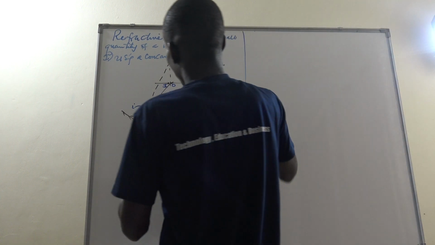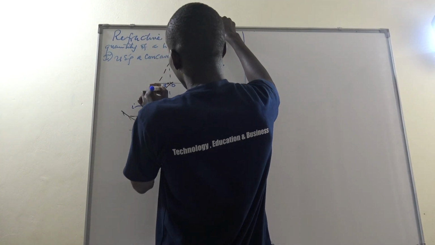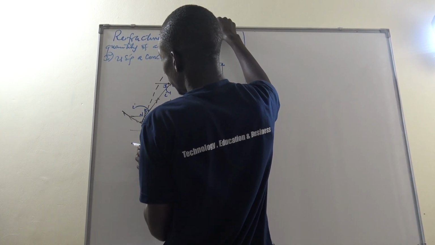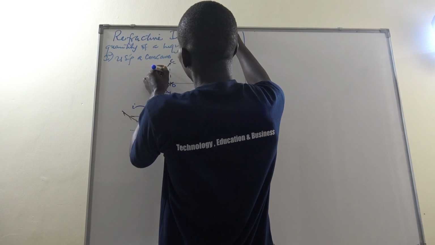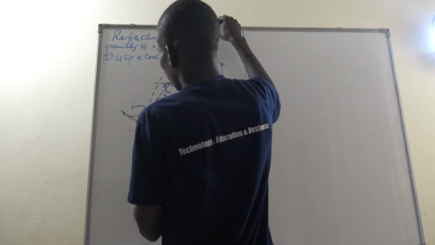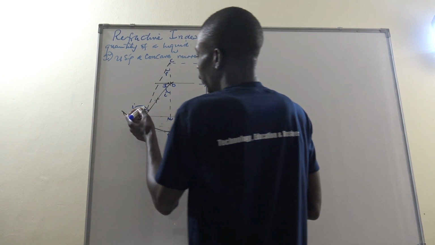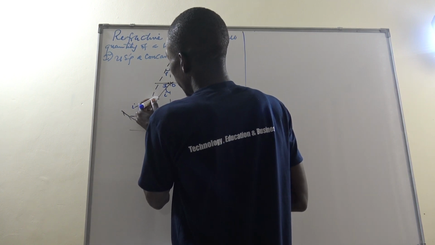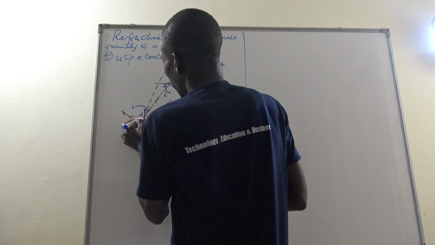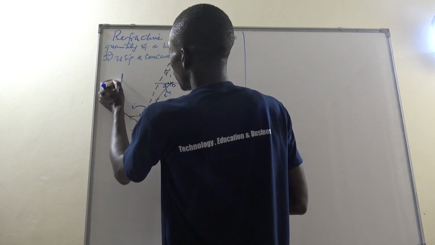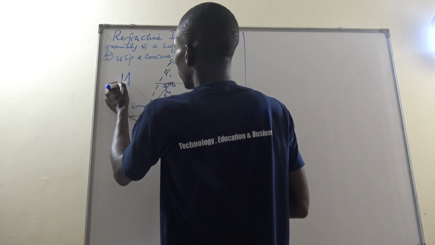So this angle here will be equivalent to I, and this angle here will be equivalent to R. If you look at it properly, if this is I, the angle of incidence to this point, then this is also the same.